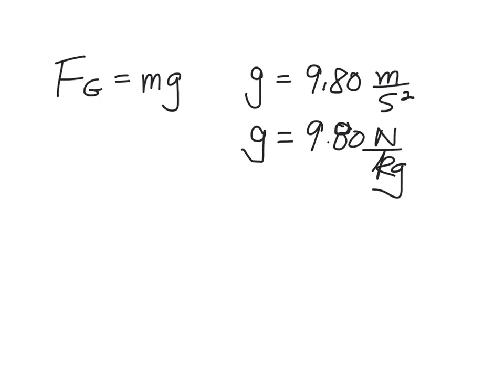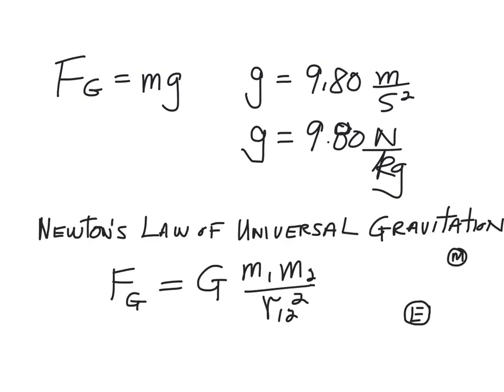So anyway, Newton formed a more general law for the force of gravity that exists between any 2 point masses in the universe. And here it is. It's called Newton's law of universal gravitation.